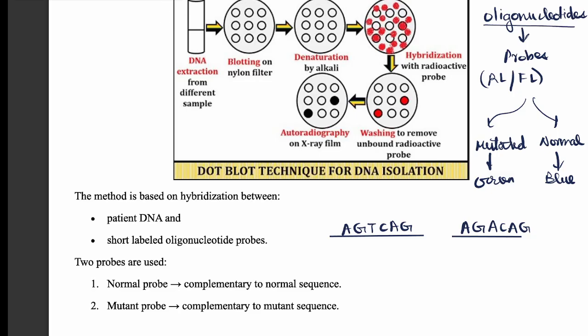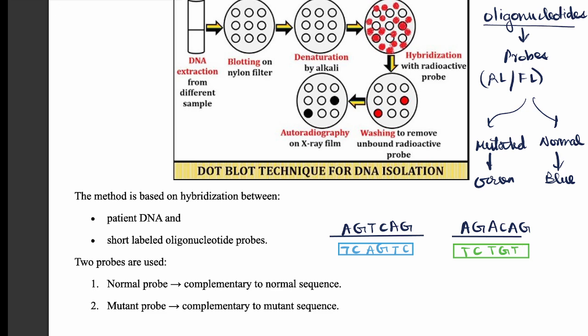One is the normal blue colored probe, and this blue colored probe will contain the complementary sequence, that is TCAGTC. And the other probe is the one which will be complementary to the mutated sequence, that is TCTGTC. So what I'm trying to say is that we are using these two probes here.